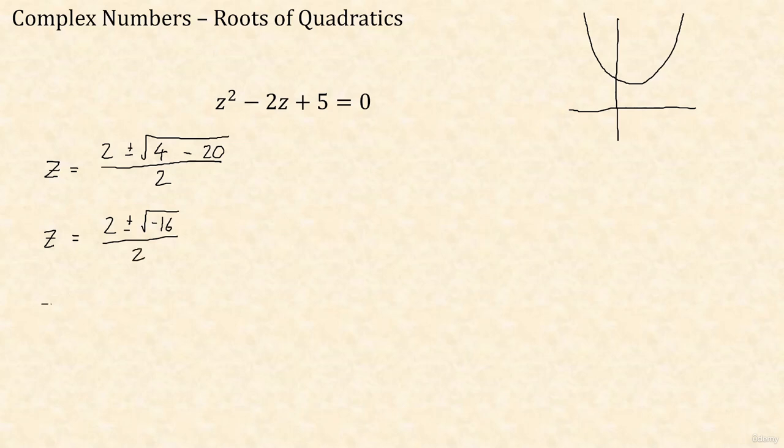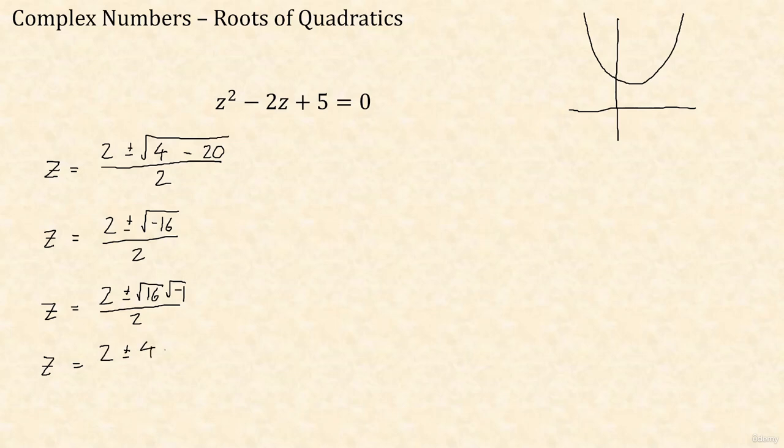So the way that we simplify something like that is to say, well, using surd rules, that's root 16 multiplied by root minus 1. And what is the square root of 16? It's 4. So we've got 2 plus or minus 4.